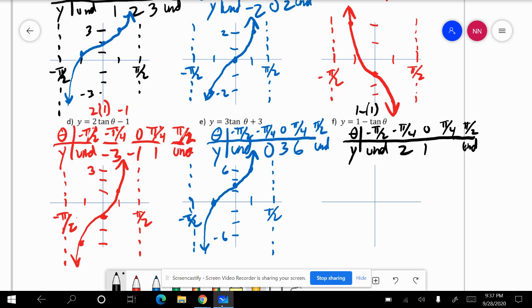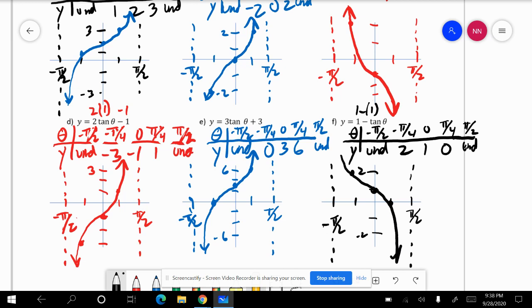And when we plug in a 1, that gives us 0. So we have our vertical asymptotes at the beginning and at the end for tangent. Then we have 2, we have 1, and we have 0. Notice that the tangent curve is going down, and the reason why is because our tangent is negative.